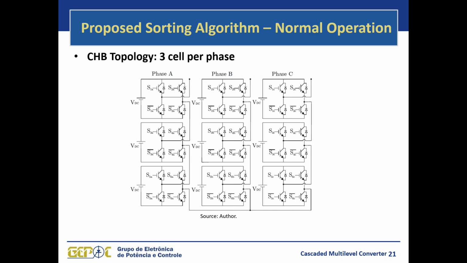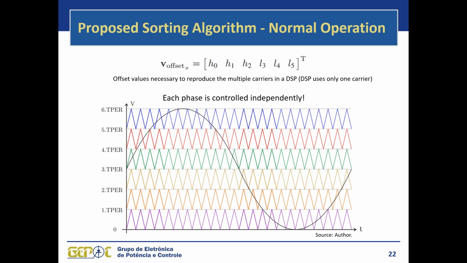So first of all, we define this vector that is called V offset, that each one of the entries of this vector is a value that reproduces the multiple carriers that we need to implement the modulation strategy. Because as you know, a standard DSP cannot shift the carriers vertically.